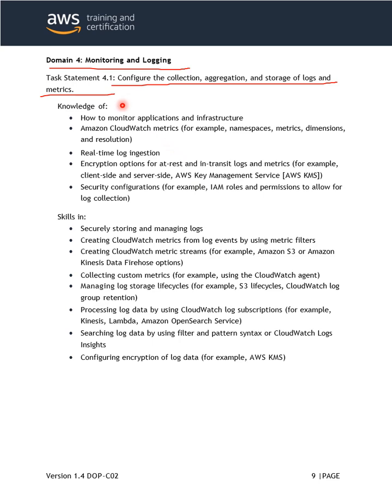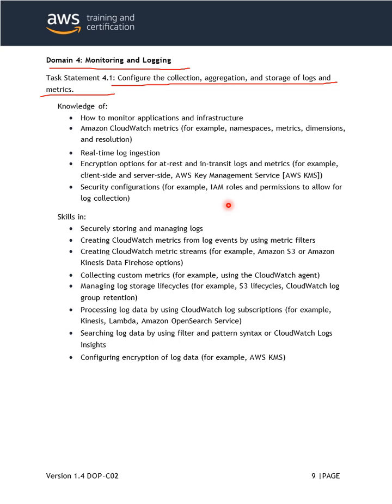Domain 4 is monitoring and logging. Say 4.1, configure the collection, aggregation, and storage of logs and metrics. It requires knowledge of monitoring applications infrastructure, CloudWatch metrics, real-time log ingestion, encryption options at rest and in transit of logs.